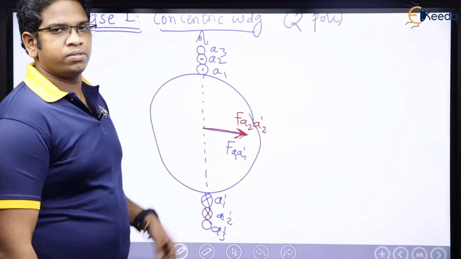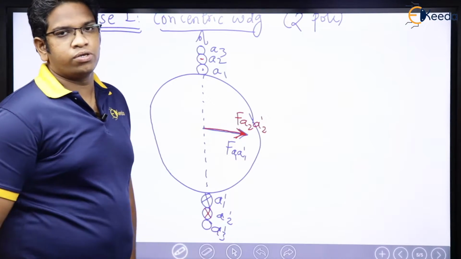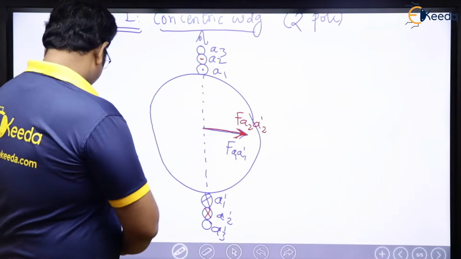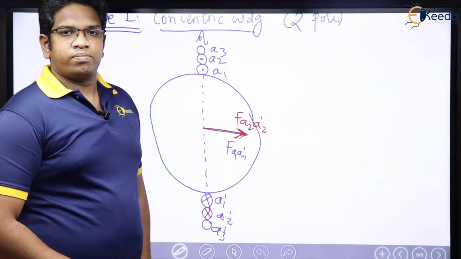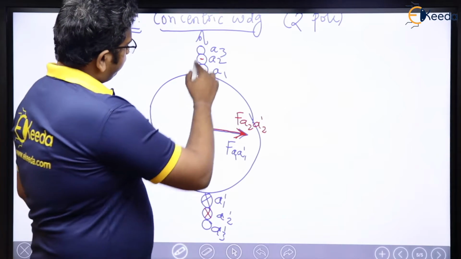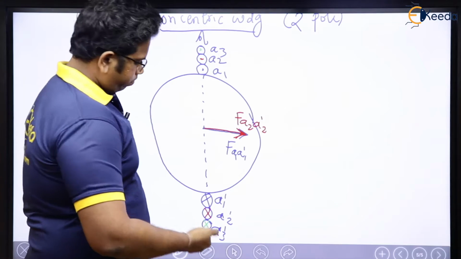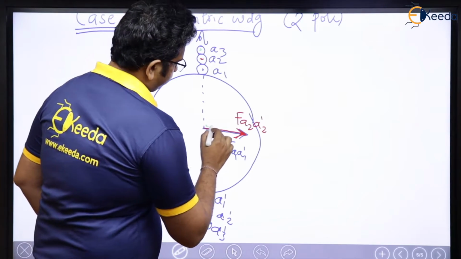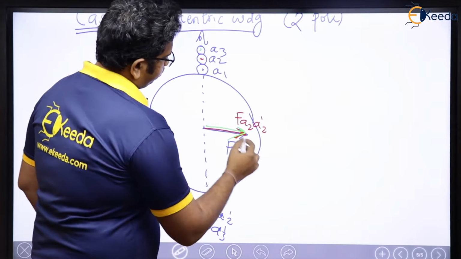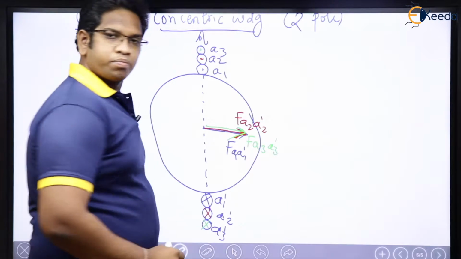Because they are again series connected, so the same current has to flow through them. Anyway, see here, let me think of A3 A3 dash also. Let me consider dot here, cross here. So this is going to be cross, this is going to be dot, coming out like this. So this is going to be the same F A3 A3 dash, right?